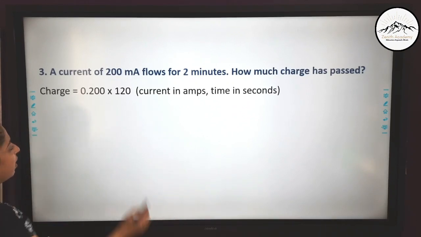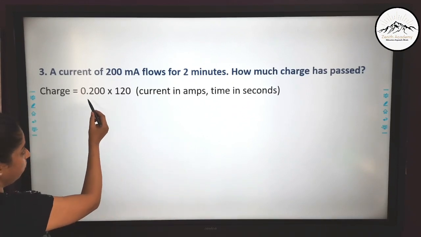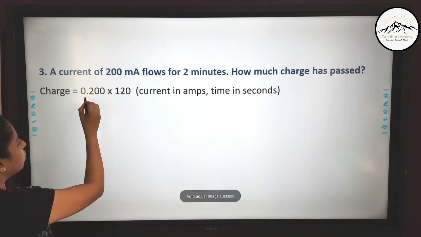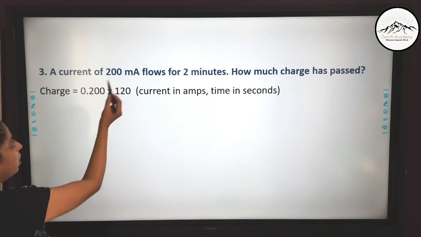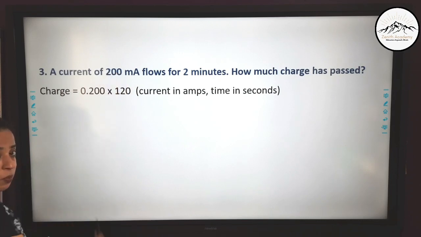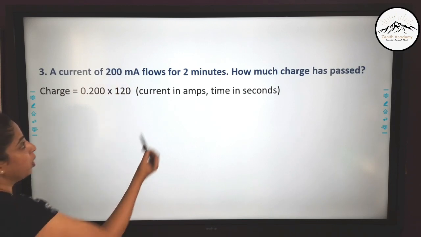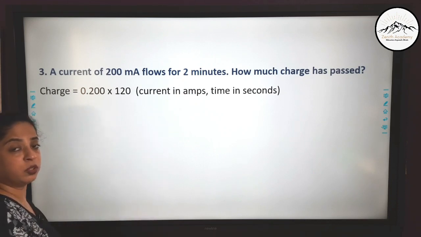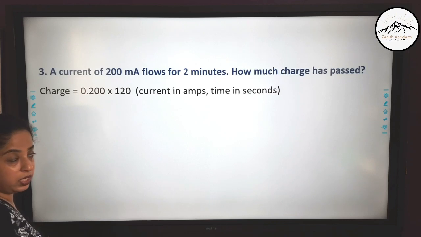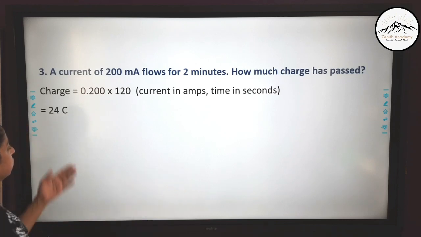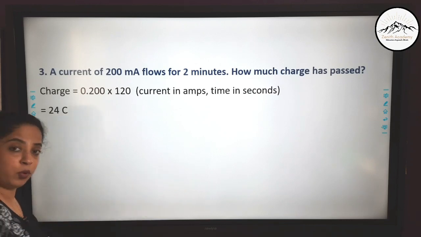So we will write charge is equal to current into time. Here you can see 200 milliampere we have converted into ampere by dividing it by 1000, so it becomes 0.200. And 2 minutes we have converted into seconds by multiplying it by 60, so it becomes 120 seconds. So the answer comes out to be 24 coulombs.